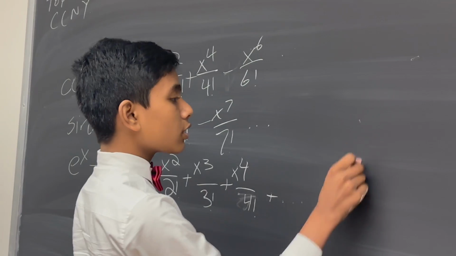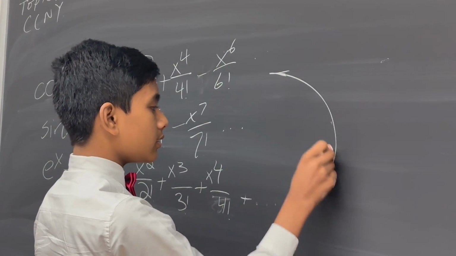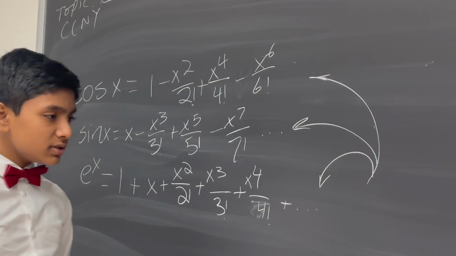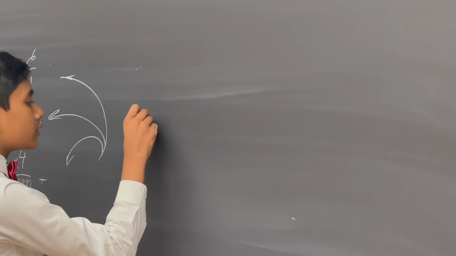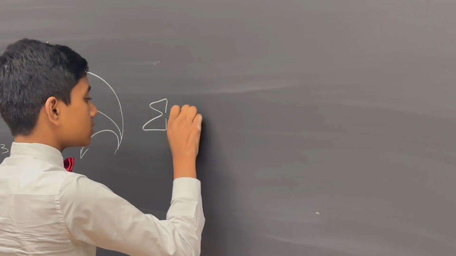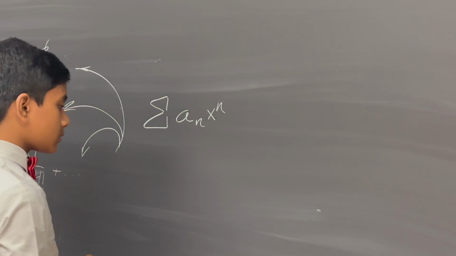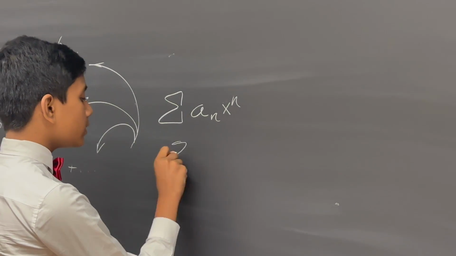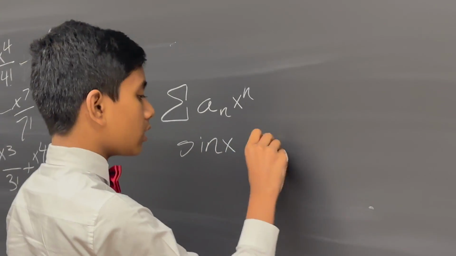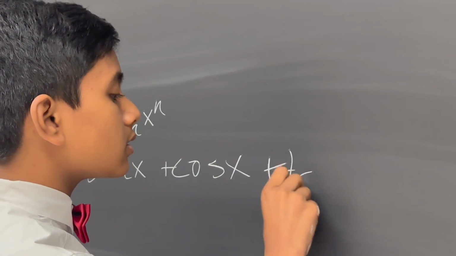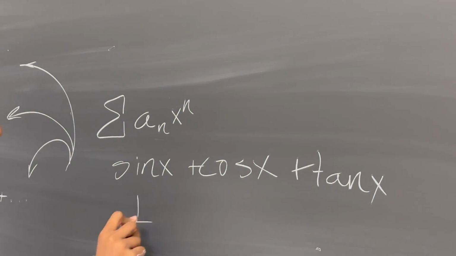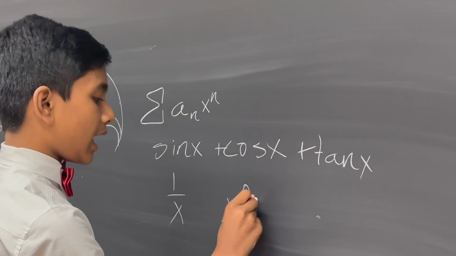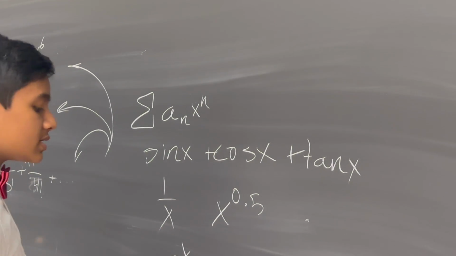So these are the common power series, and you can express any function that you want in terms of power series. But there are only so many functions you can express in terms of polynomials, sines and cosines, and other trigonometric functions, inverses, and things in between like x to the half power, exponential functions.